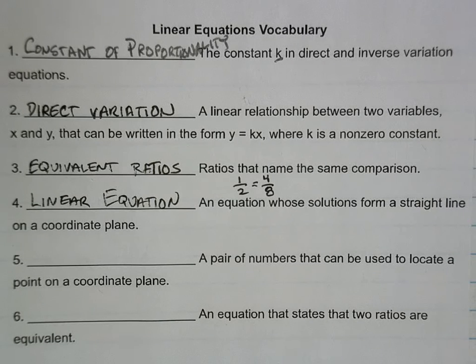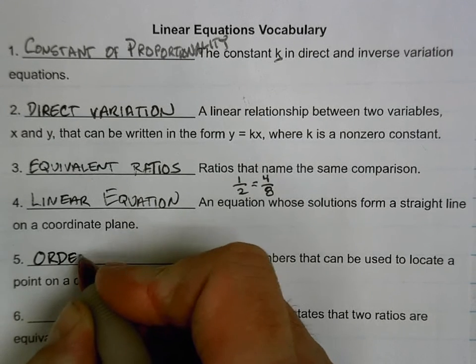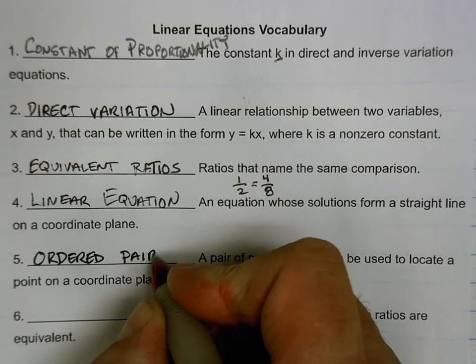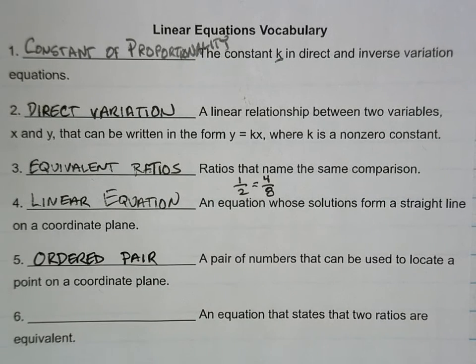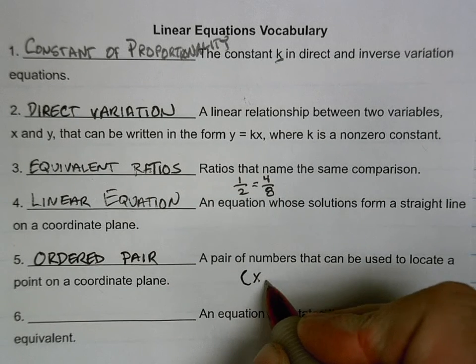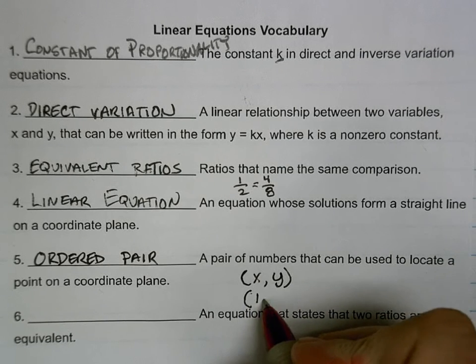All right. A pair of numbers that can be used to locate a point on a coordinate plane is called an ordered pair. When you think about an ordered pair, we always write them as x, comma, y, which might be the same as 1, comma, 2.